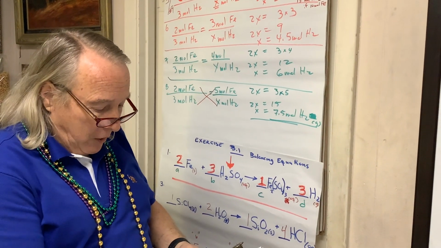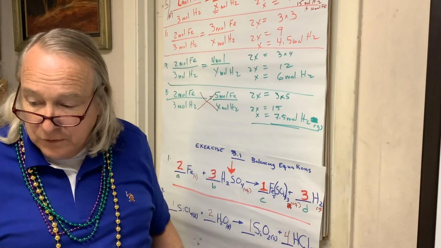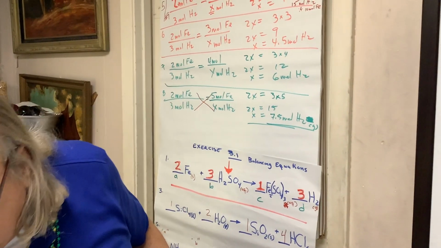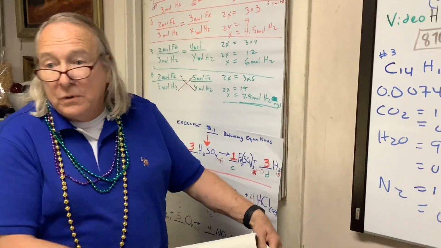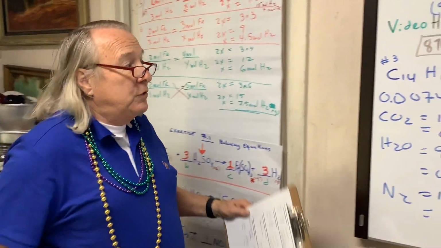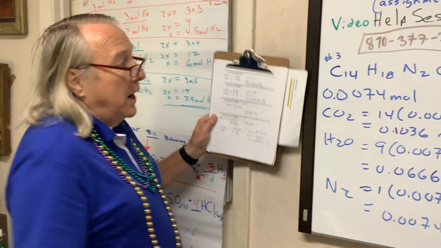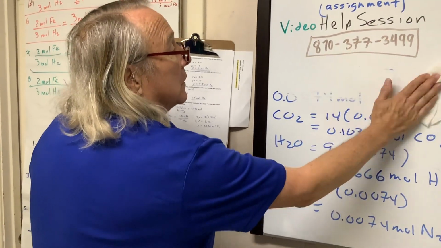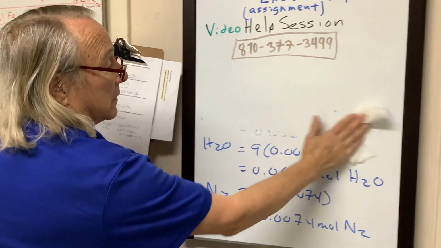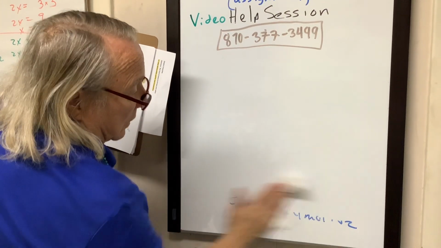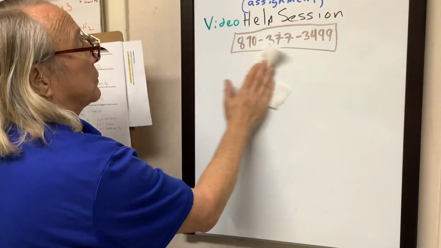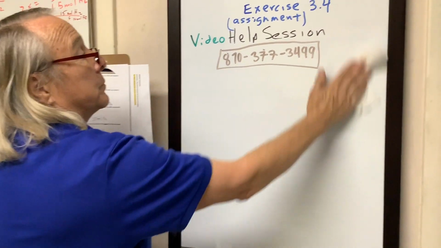So, let's talk about what would happen if I wanted some hydrogen gas. It's a great syngas and it's a great fuel. Let's say I wanted to use this to fuel a hydrogen fuel cell, which are, according to many people, the future of alternative energy, because you can use solar energy to produce hydrogen.